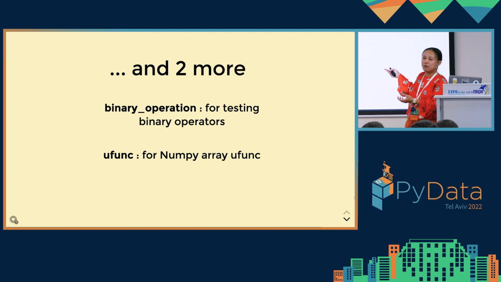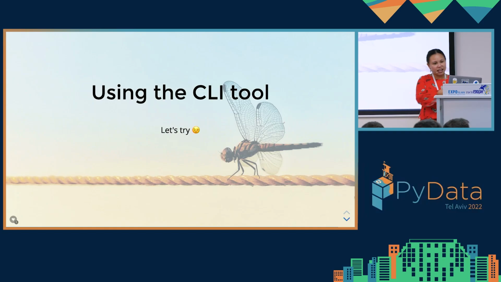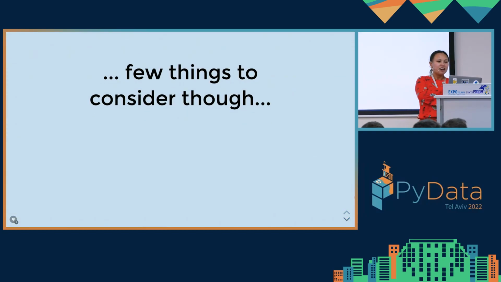If you have custom-made ones and you test them, that would be helpful for you. The other thing is ufunc. NumPy has a lot of ufuncs, and GhostWriter would detect this, okay, NumPy and ufunc, I would test something for you. GhostWriter would do that as well if you tell it to. I can't try it now because the demo doesn't work.